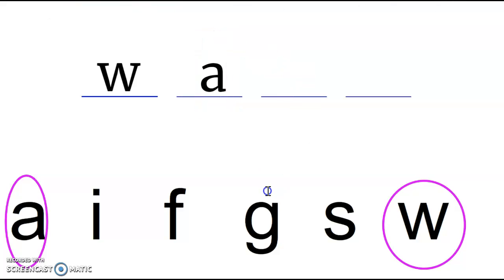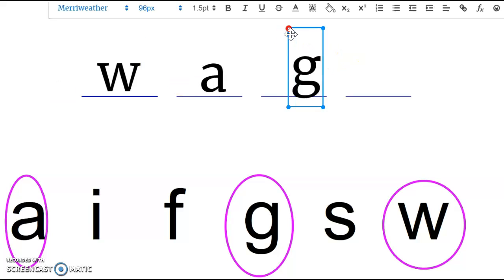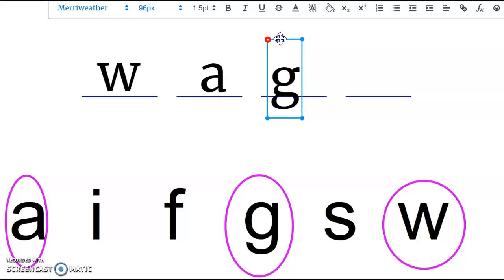Our third letter makes the G sound. G. Can you find the letter that makes the G sound? If you chose letter G, great job. You're correct. G is our third letter in our word.